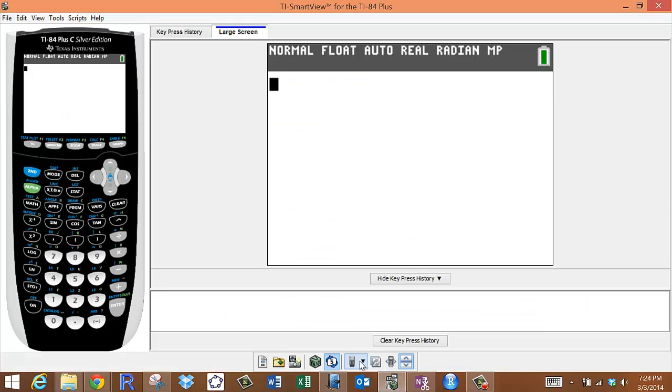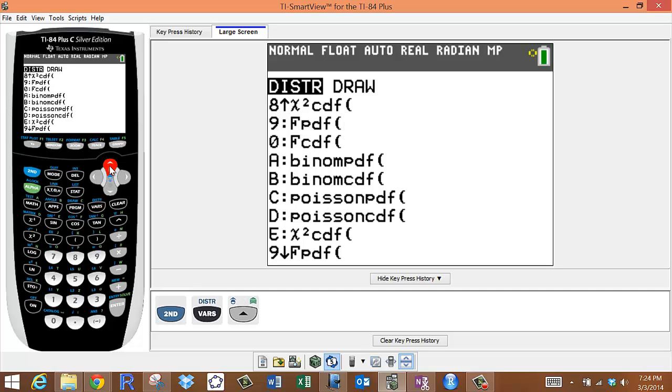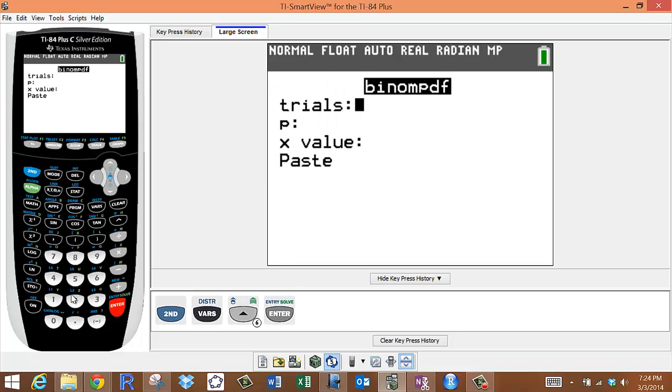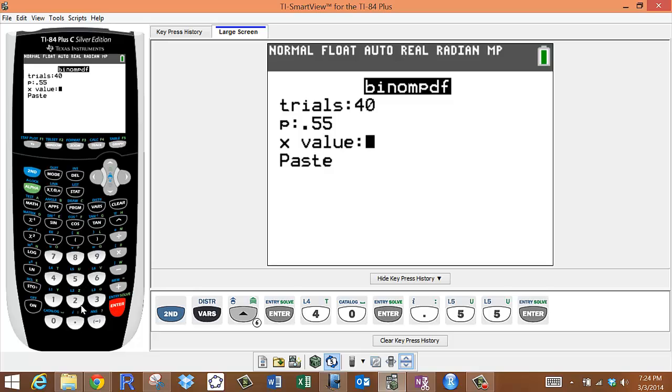So we're going to go over to our calculator, and we're going to go to the binomial distribution, and arrow up to binomial PDF. The number of trials is 40. P is 0.55. And we want to know the probability of getting exactly 20.